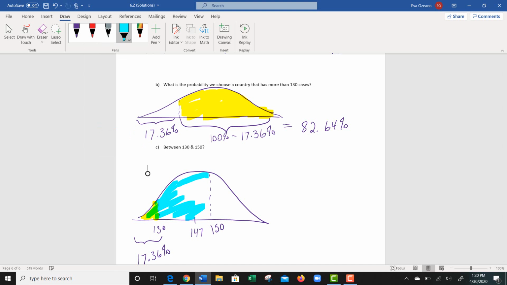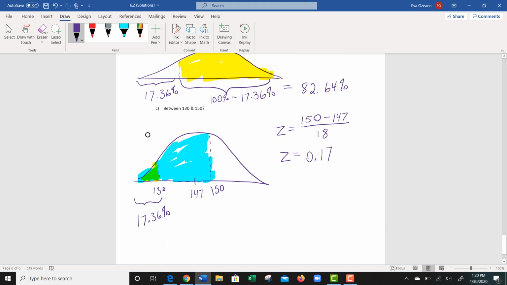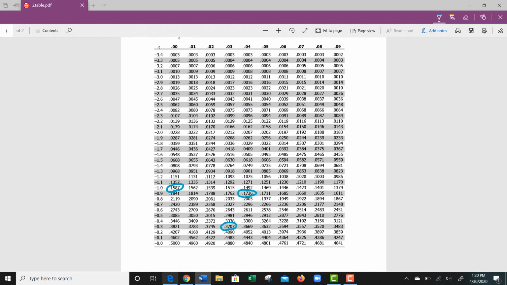So 150 or less. So remember, we have to find the z-score first. So when we find that z-score, we are going to get 0.17, so I'm going to round it up. So now that I have the z-score, I'm going to find the probability that I see less than that amount.